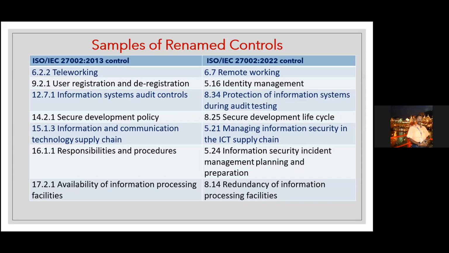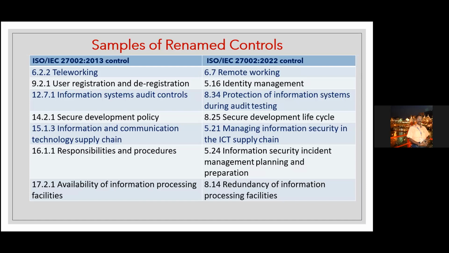Information communication technology supply chain has been renamed as managing information security in the ICT supply chain. Information communication and technology, all the areas wherever we employ a supply chain, how and what type of controls are to be implemented. Then responsibilities and procedures have been renamed as 5.24, information security incident management planning and preparedness.